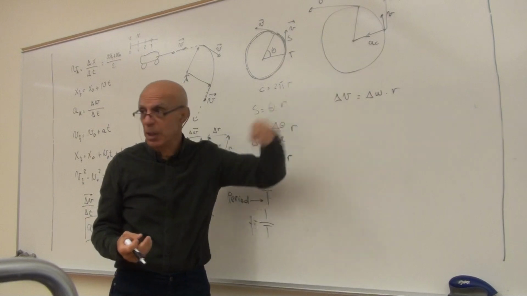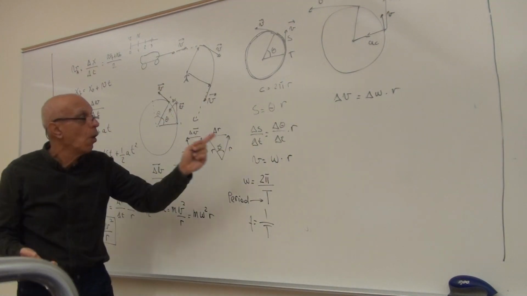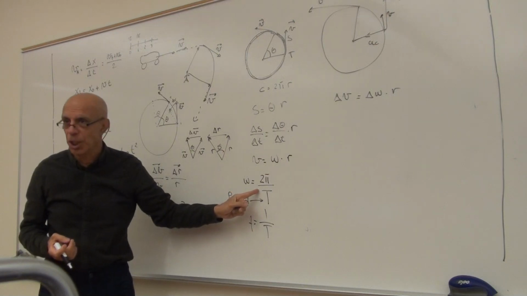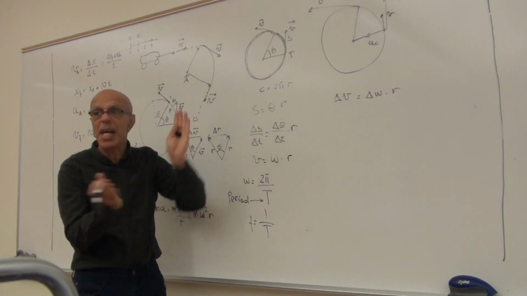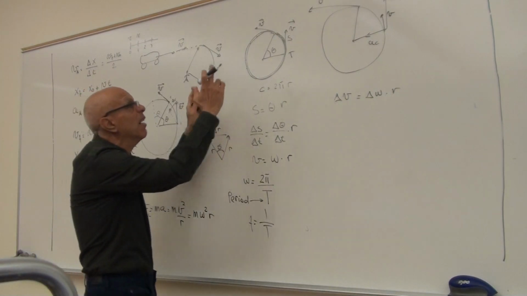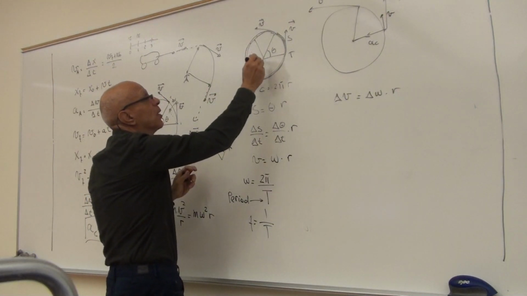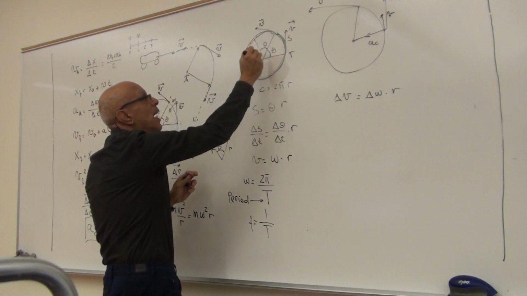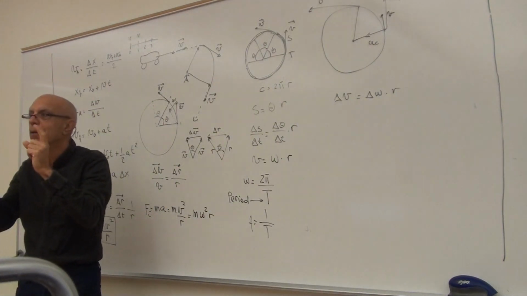And if the tangential velocity is changing, omega is also going to change. The rate of change of the angle is going to be faster and faster. Every time I take a picture, 1 second, 2 seconds, 3 seconds, this angle is the same.